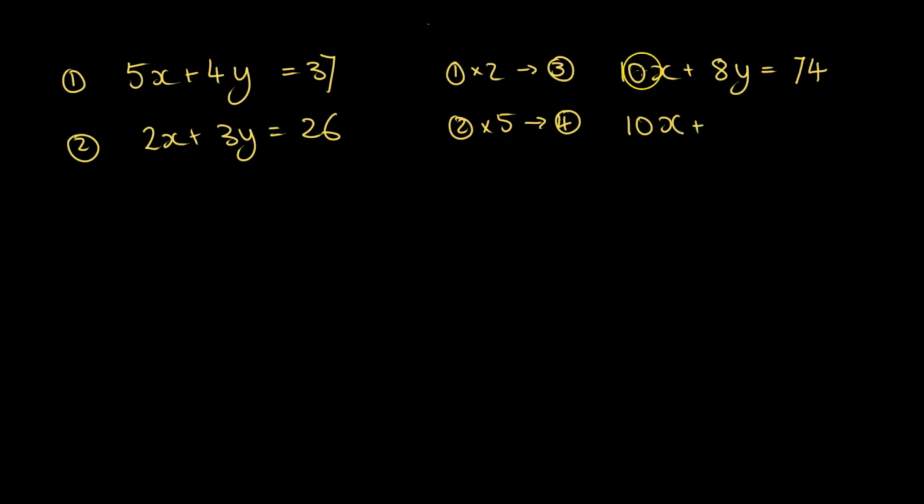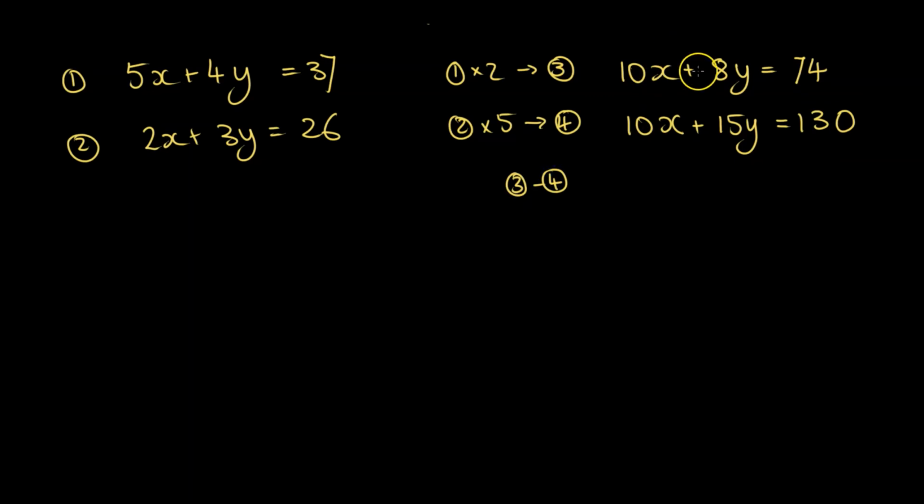I can do something to eliminate those two. So 3 times 5 is 15y. And let's do 26 times 5, which is 130. So now I can subtract 3 and 4 from each other. So I'm doing 3 minus 4.